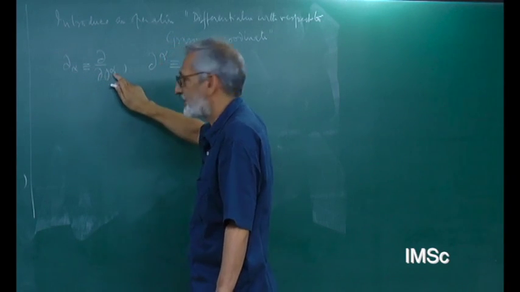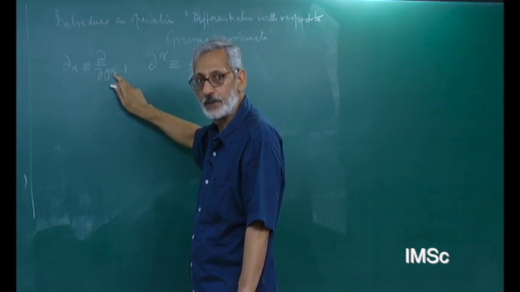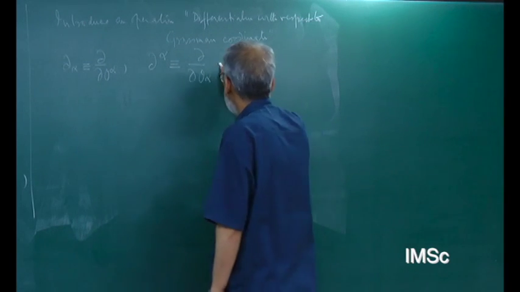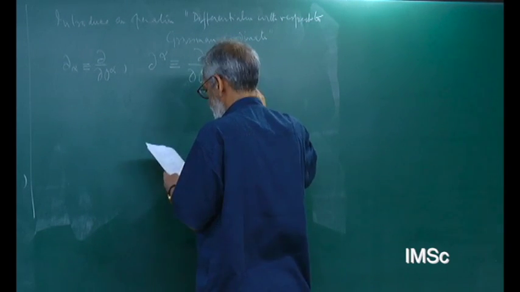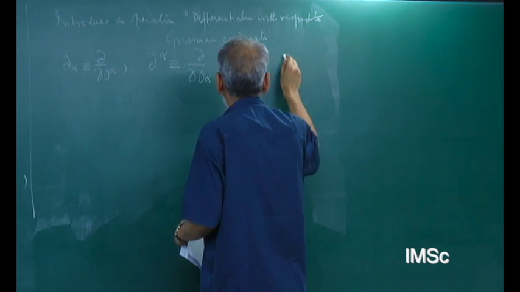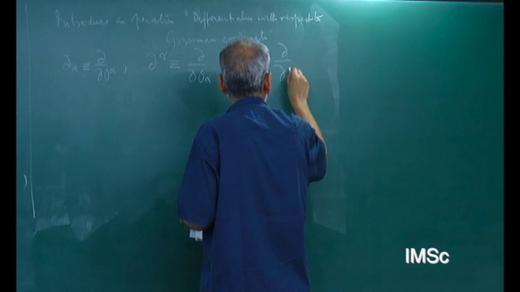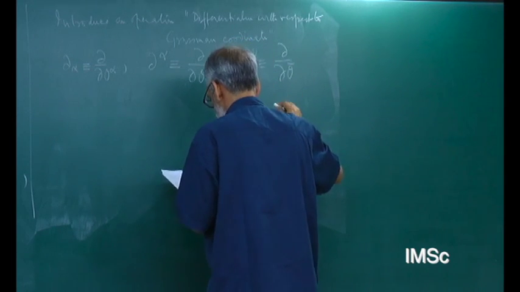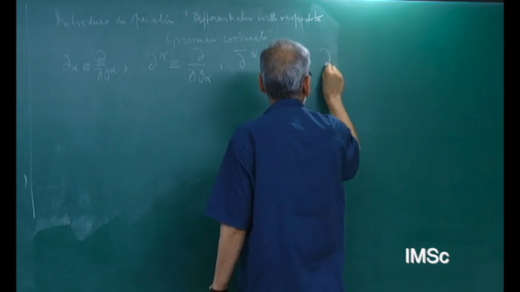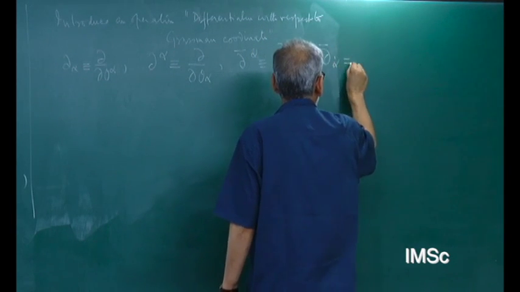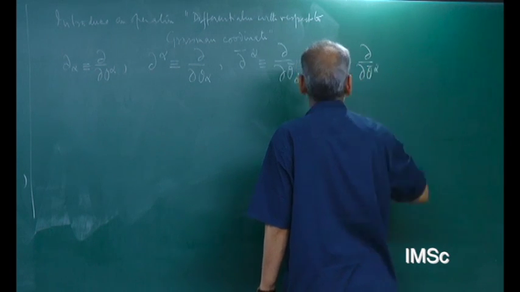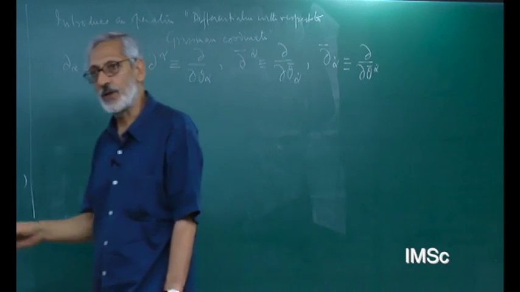Alpha down is the differentiation with respect to theta up. Alpha up is differentiation with respect to theta down. And d bar alpha dot up is d by d theta bar alpha dot down, and d bar alpha dot down is d by d theta bar alpha dot up. These are symbols for this operation.